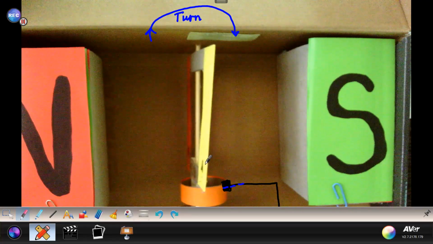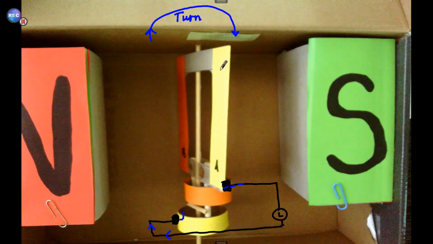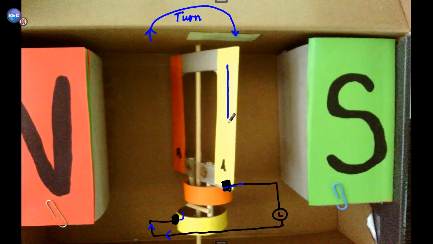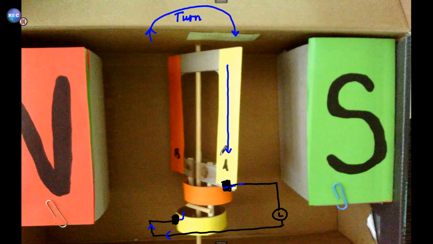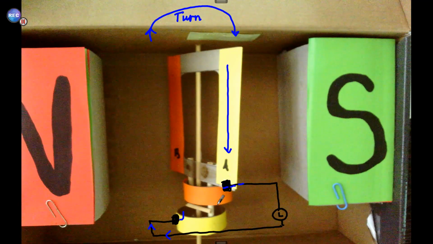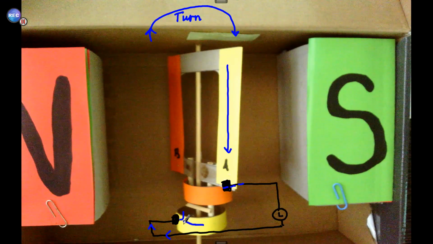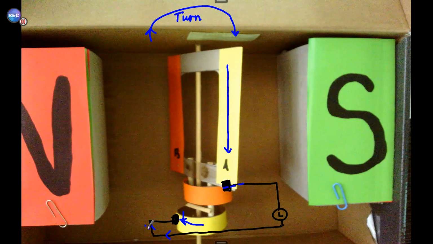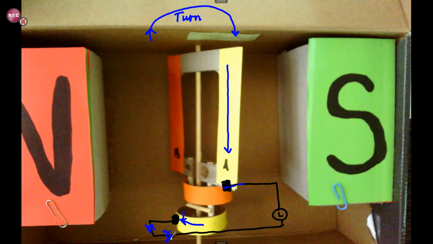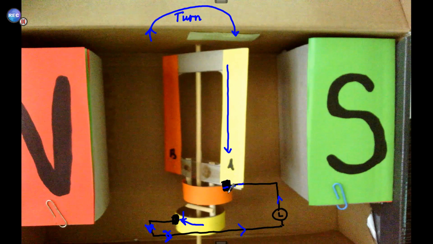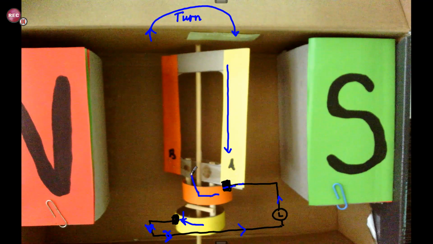Back to yellow. In which direction is current flowing now? It's coming down the yellow part, right? And remember it's going to the yellow part out there. Can you see what happened to the direction of the current now in the external circuit? It's changing direction.